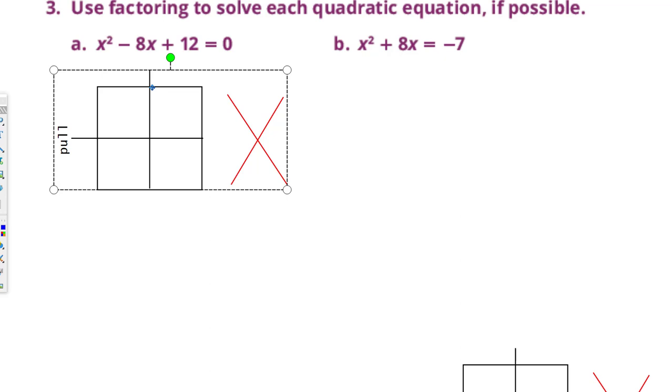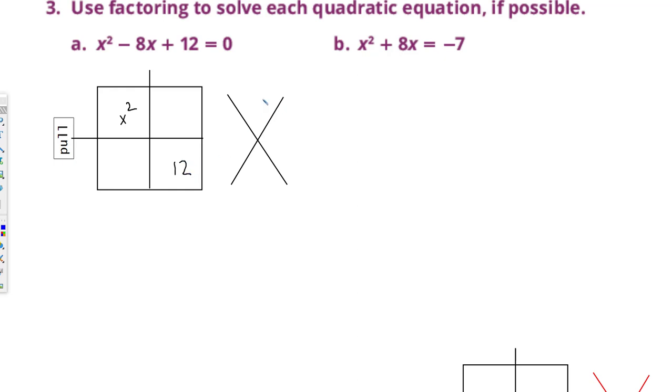On my factory, I have the x squared here and the 12 here. What am I going to put in the top of my x? What is the product? 12x squared.